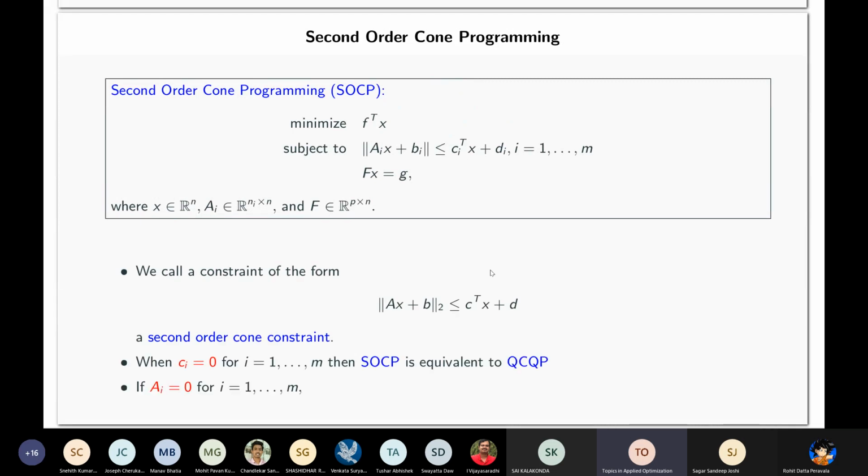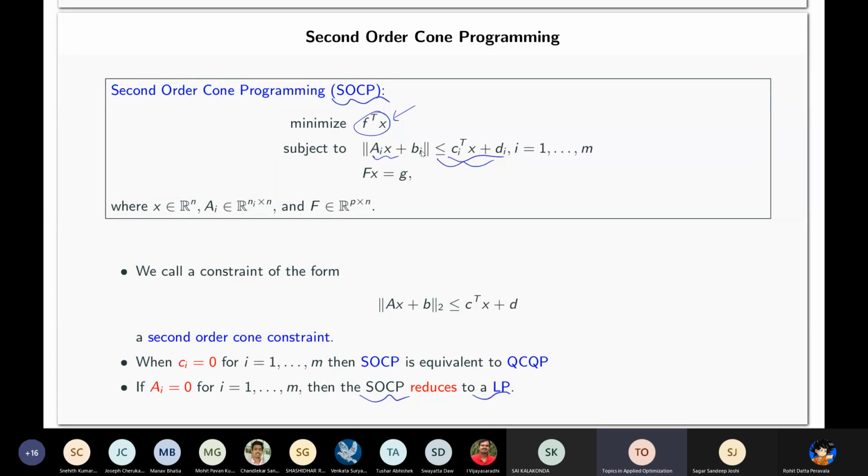Okay, so SOCP will reduce to this QCQP if Ci are 0, and similarly Ai. Just Ai being 0 is enough, because the objective is linear. This becomes affine because Ai is 0.